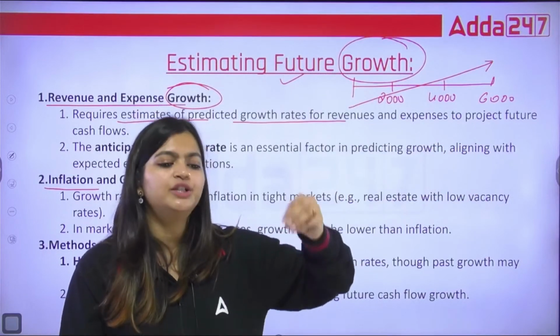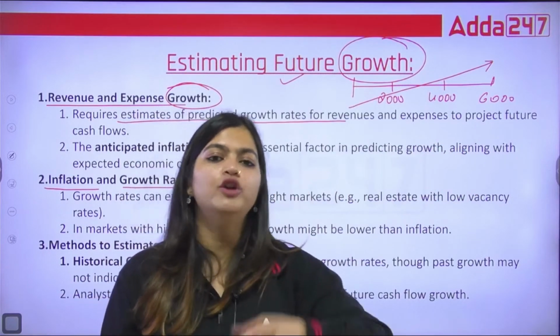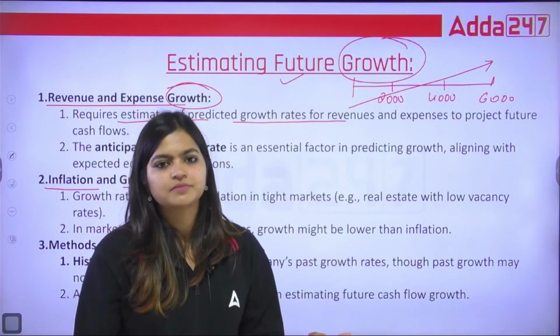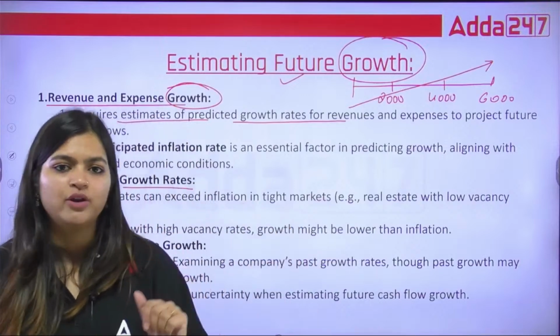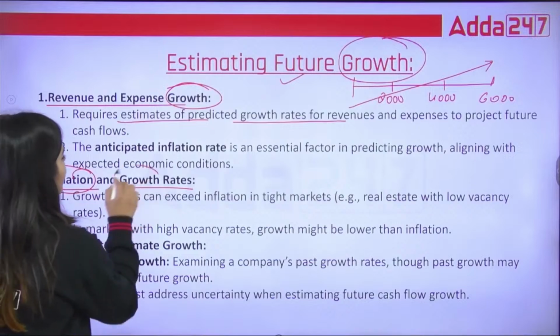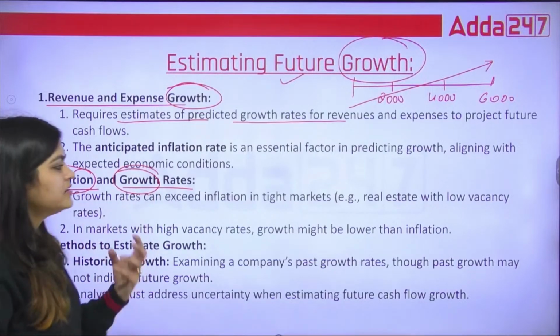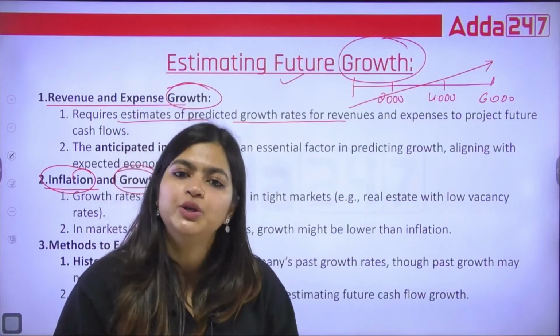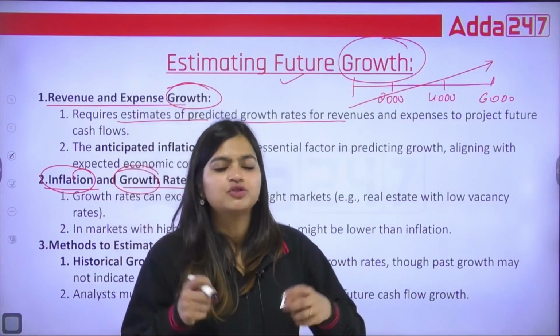You calculate this growth with the help of your revenues after adjusting the expenses. Or you can use the inflation and growth rates, to understand in an inflated market which type of growth to expect.